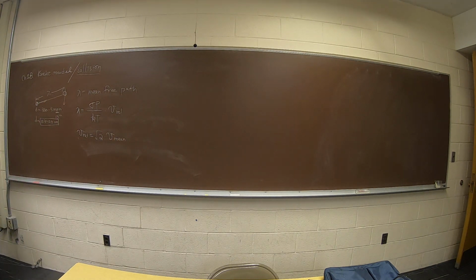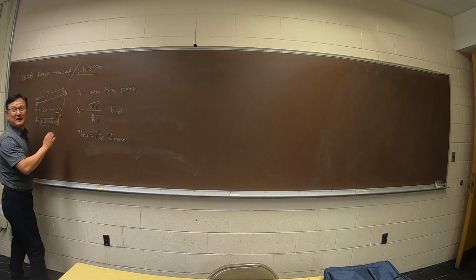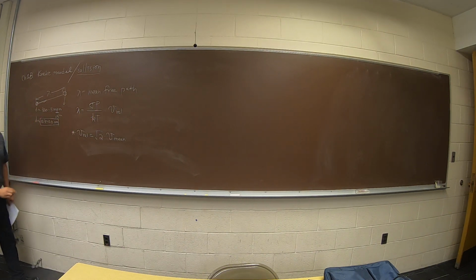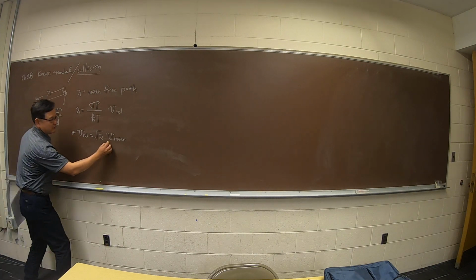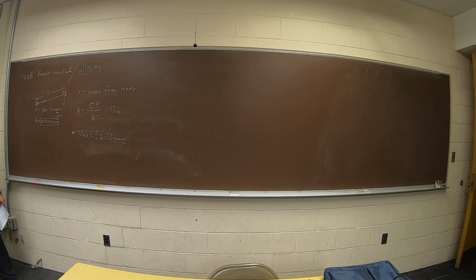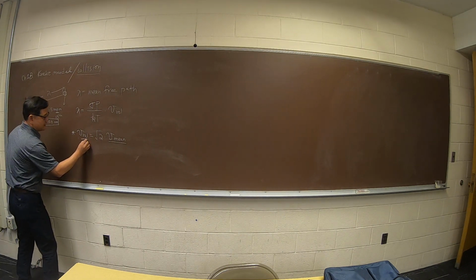What is multiplied to P on the top, the pressure? Yeah, that's what I'm getting at. Okay, I'm going one by one. I should probably start from left to right. This is one thing we talked about, the mean velocity, and we do have an expression for that, and we can calculate it.